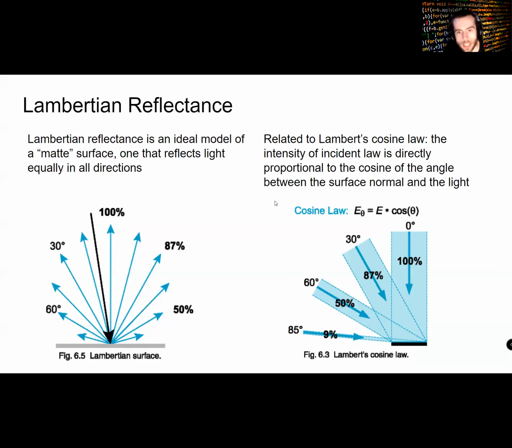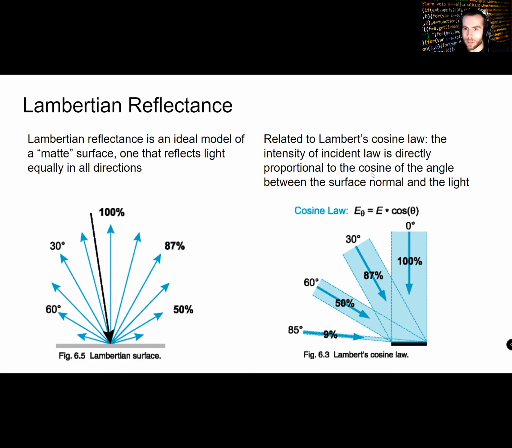Okay, and then next we want to actually calculate the reflectance at that surface. So we're going to use Lambertian reflectance. Lambertian reflectance is an ideal model of a matte surface, and it's one that reflects light equally in all directions.